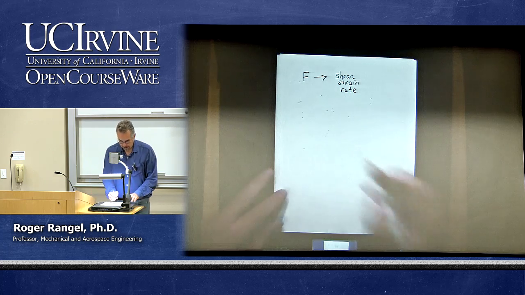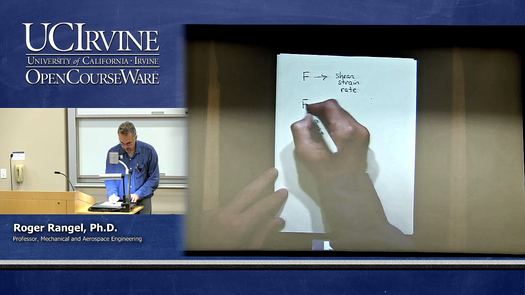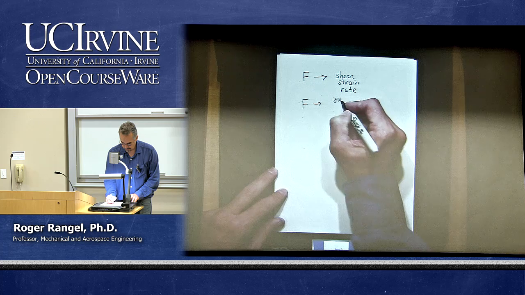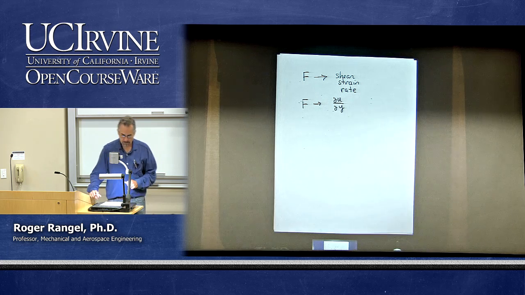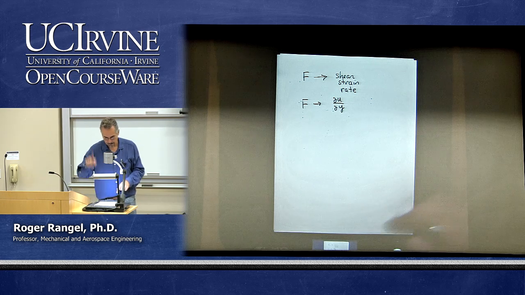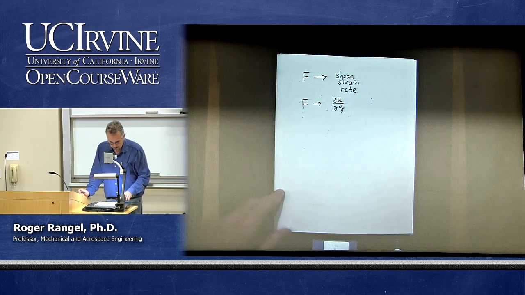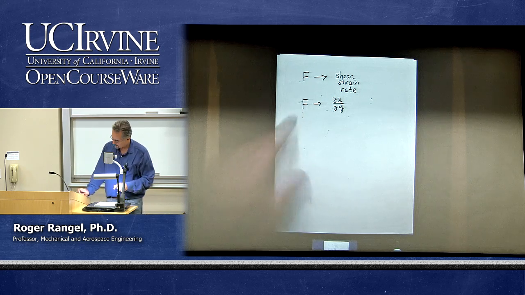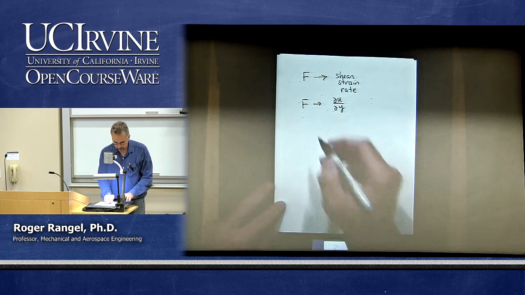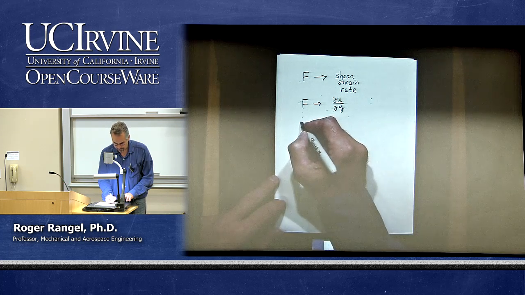So I want to make a connection between the force and the quantity that I just wrote, the derivative of the horizontal velocity with respect to the vertical distance. However, what we do is, instead of relating it to the force, we relate it to the shear stress.